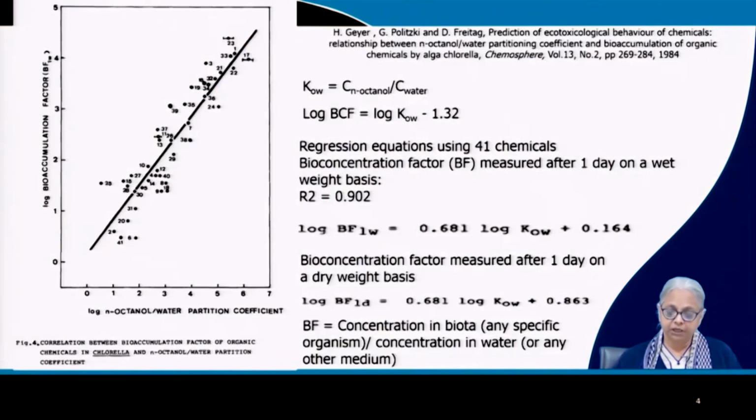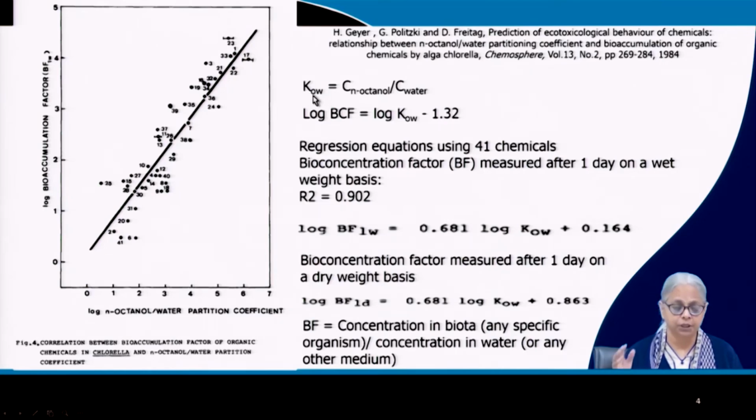Let me, before I go into all the details, give you an example of bioaccumulation and what it is related to. So here on this graph, you see two factors. On the x-axis, you have log n-octanol divided by water partitioning coefficient. That's log KOW.